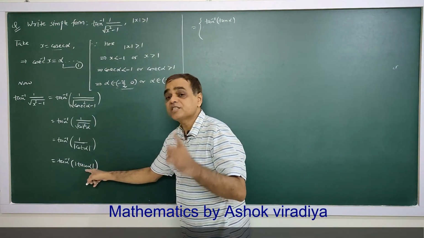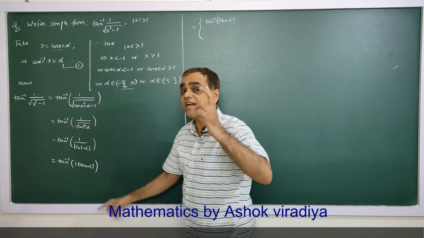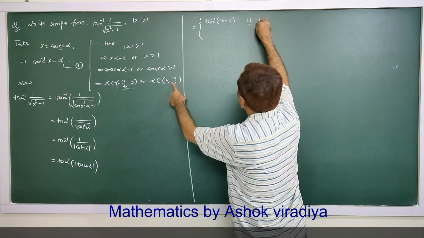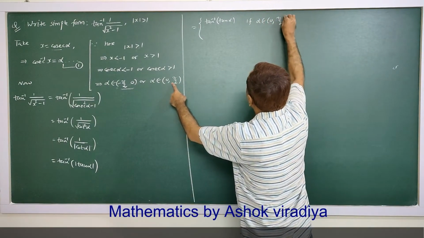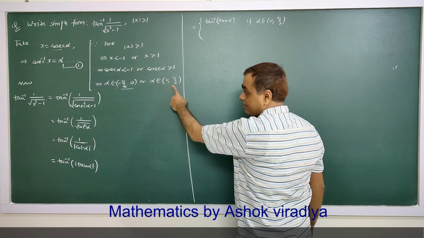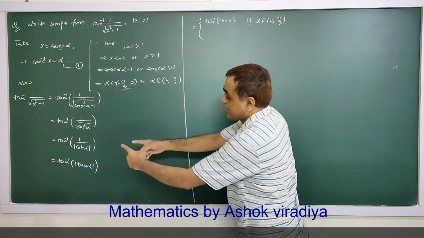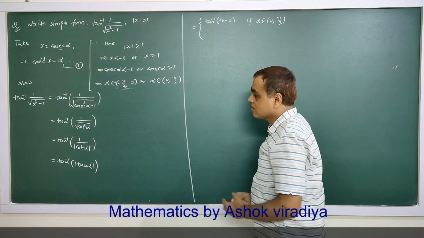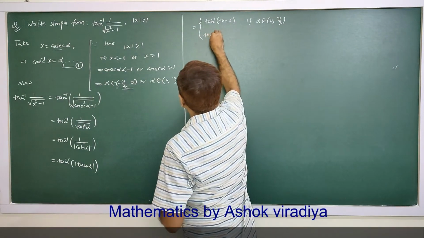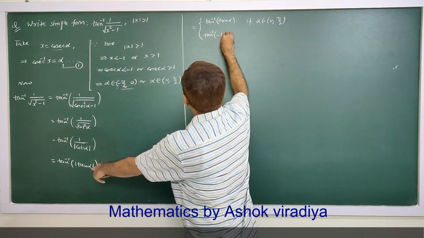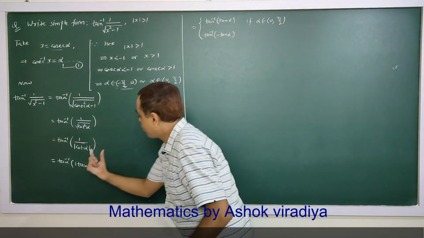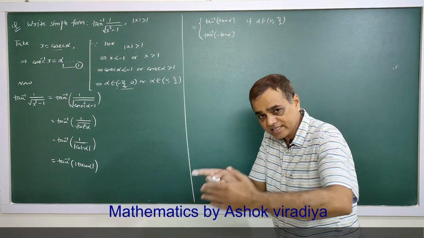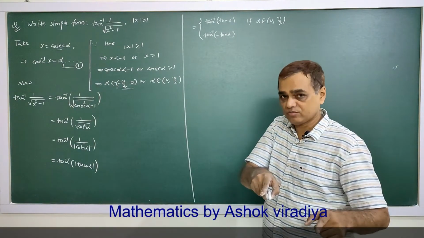If tan alpha is positive, but when tan alpha is positive, if alpha belongs to 0 to pi by 2, if alpha belongs to this interval, then tan alpha is positive, so modulus tan alpha is tan alpha. Modulus tan alpha is minus tan alpha when modulus x is minus x, if x is negative.